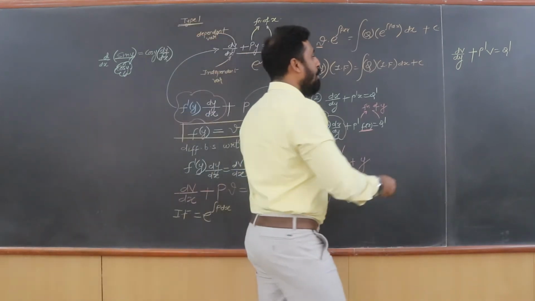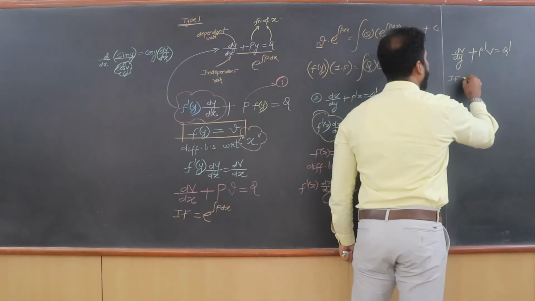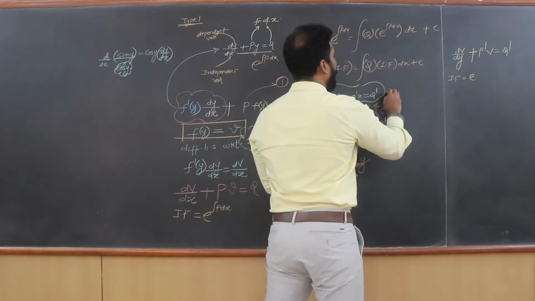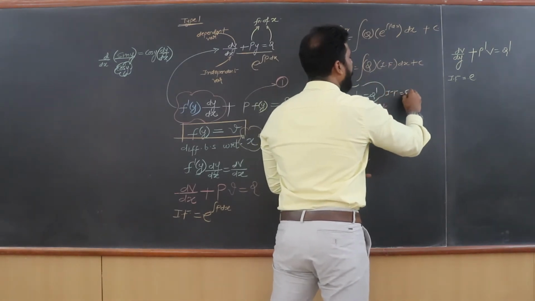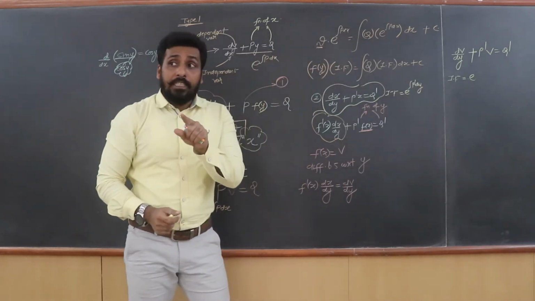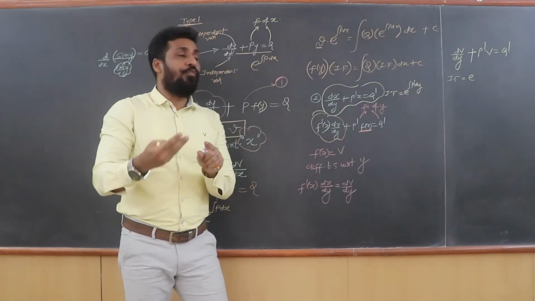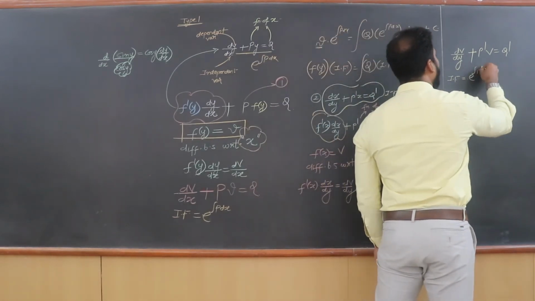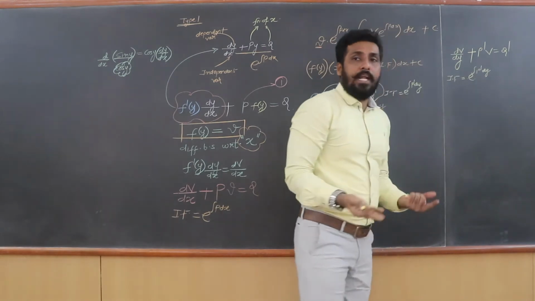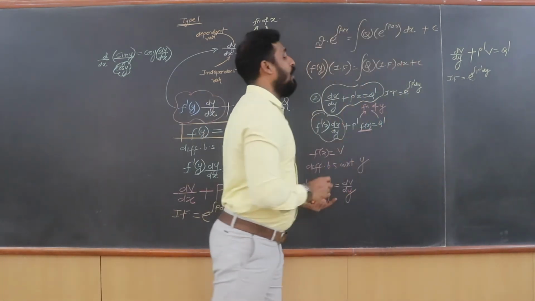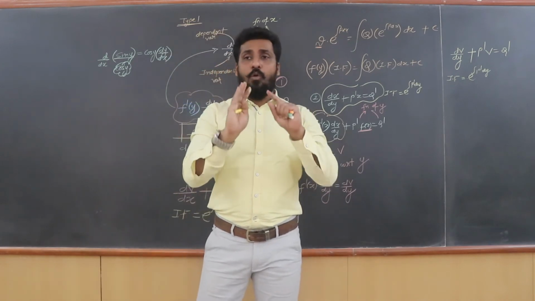So whatever solution you have written, only change the place of x with v. Now, if you remember, for this case the integrating factor was given by e raised to integration of p dash dy. I am asking you to change x with v. That means this becomes e raised to integration of p dash dy. It will remain as it is. There is no x. Now if I want to write the solution, the formula remains exactly the same.